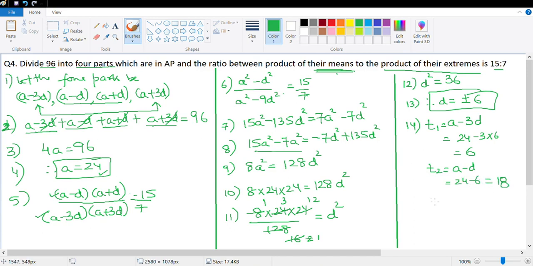Term 3 is a plus d, which is 24 plus 6, and that's 30. And term 4 will be a plus 3d, in this case 24 plus 18, which is 42. Therefore, the parts are 6, 18, 30, 42.